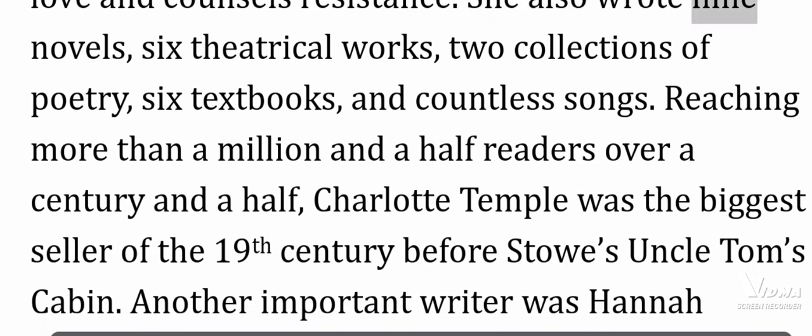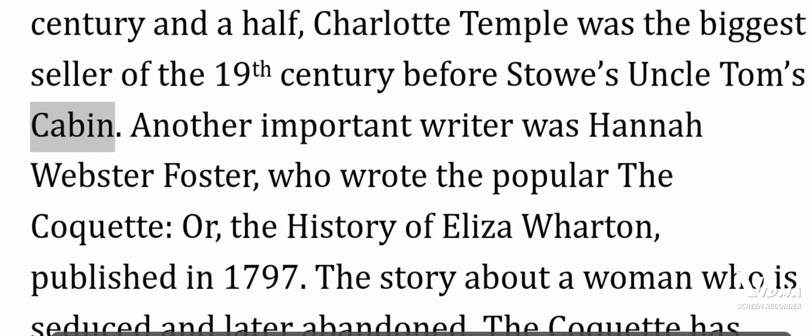She also wrote 9 novels, 6 theatrical works, 2 collections of poetry, 6 textbooks, and countless songs. Reaching more than 1.5 million readers over a century and a half, Charlotte Temple was the biggest seller of the 19th century before Stowe's Uncle Tom's Cabin.